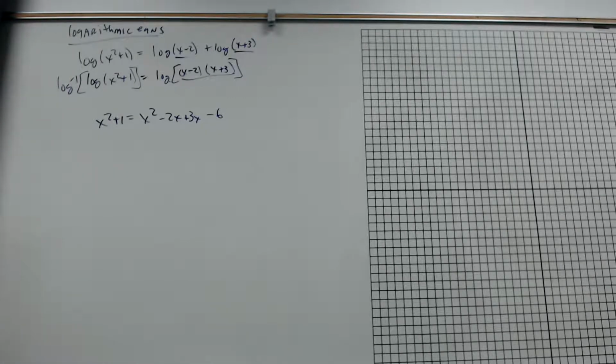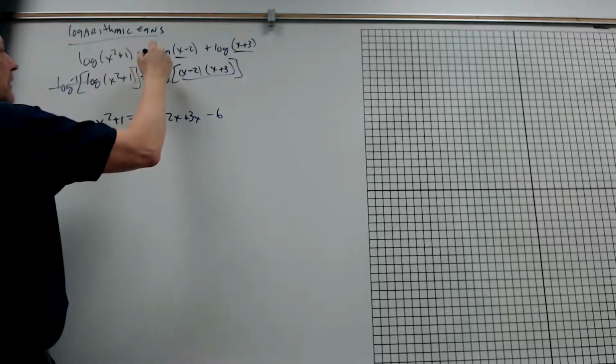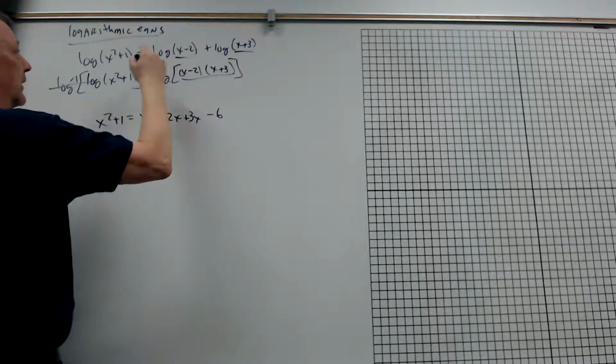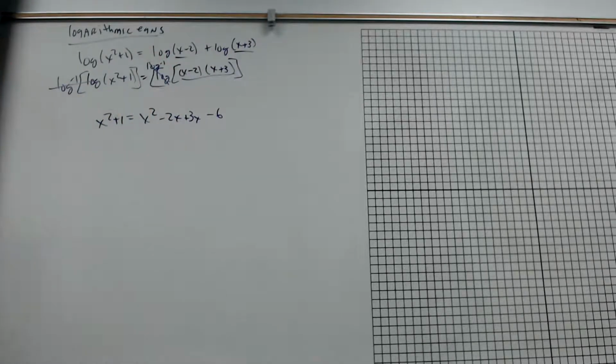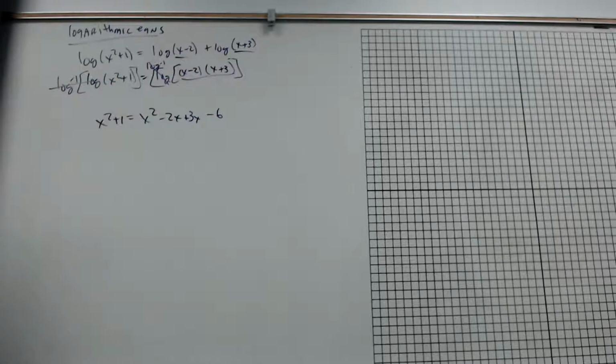Okay? So the log inverse of log, and then it just cancels it out, right? And if I do the log inverse of this log, then that cancels that out, right? So we're doing the inverse log. But you can only do that, so you don't want to do it at this step. You want to get this combined into a single log, and then you can do the inverse log.